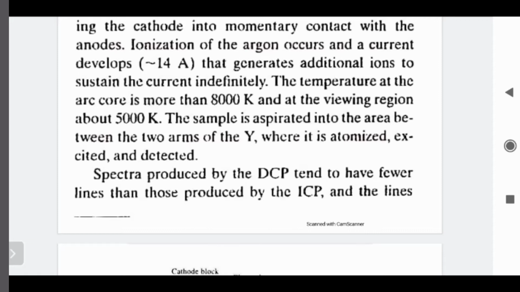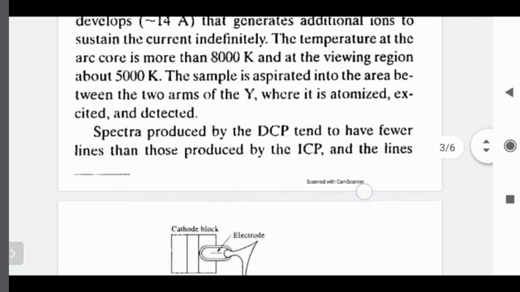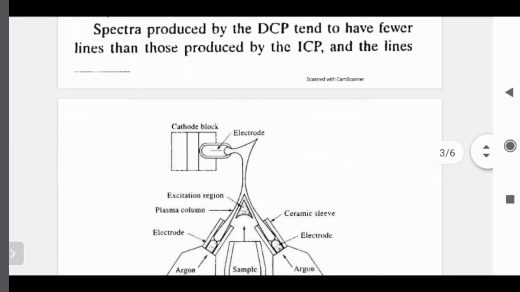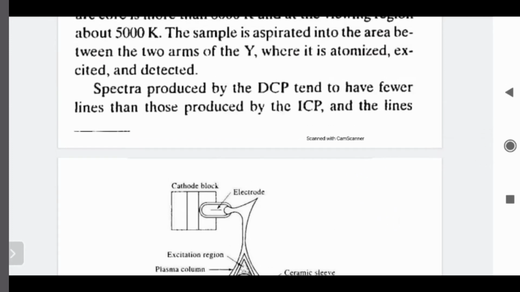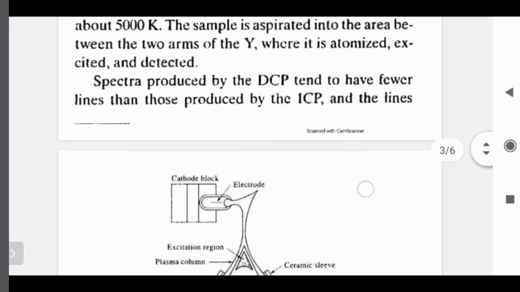These additionally generated ions sustain the current indefinitely. The temperature generated at the core is more than 8,000 Kelvin, and at the viewing region it is about 5,000 Kelvin, and the sample is aspirated into the area between the two arms.